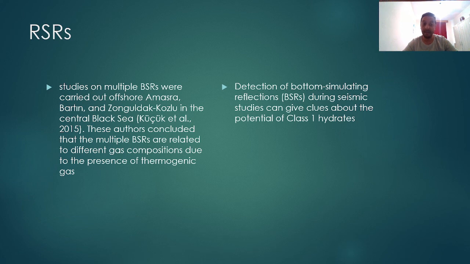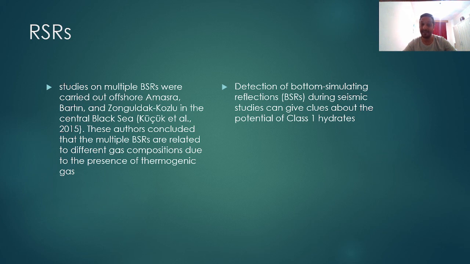The one who made this research, his name is Kochuk, concluded that the multiple bottom simulating reflections are related to the different gas composition due to the presence of thermogenic gas.